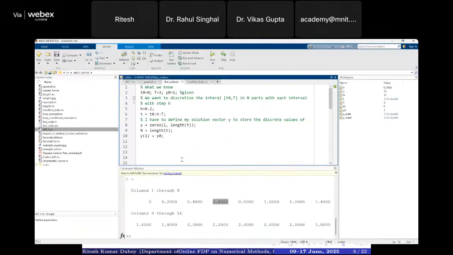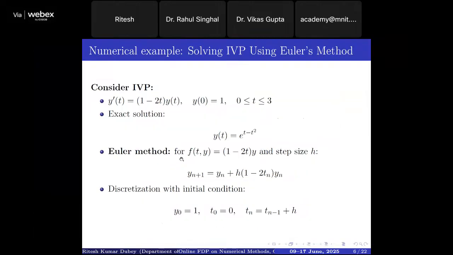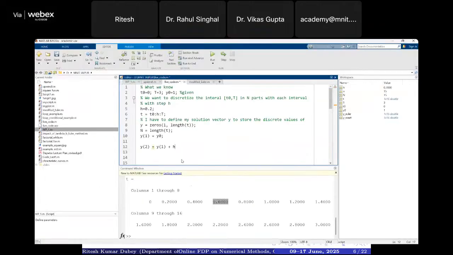So I can write it here: y2 is equal to y at index 1 plus h star (1 minus 2 star t1) star y1, where star is for multiplication. So this is the first step, and I got y2. I can then go for y3 also.